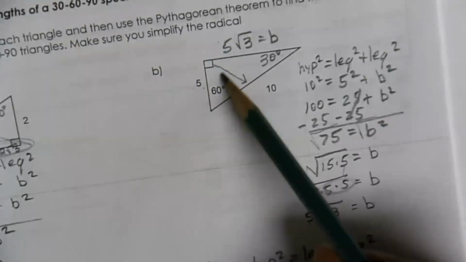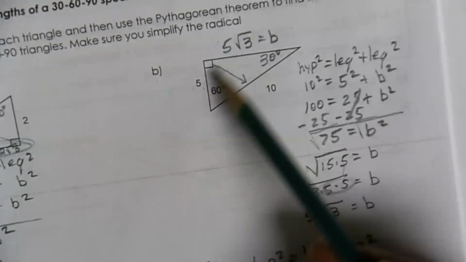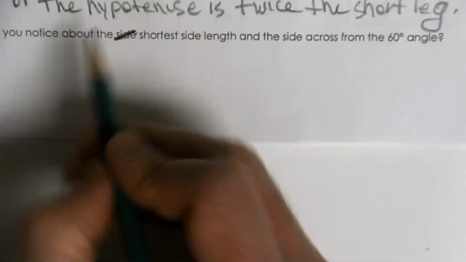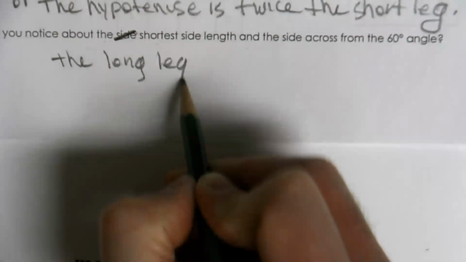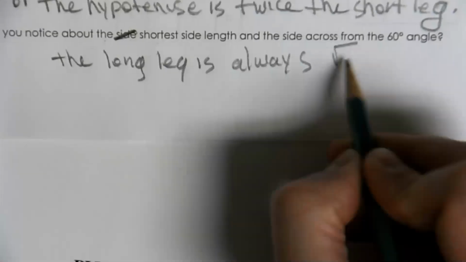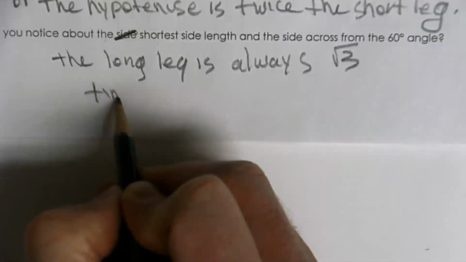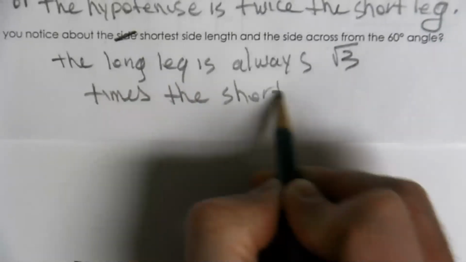Well, I can notice that the starting number in front of the root is the same. There it is. The long leg is always root 3 times the short leg.